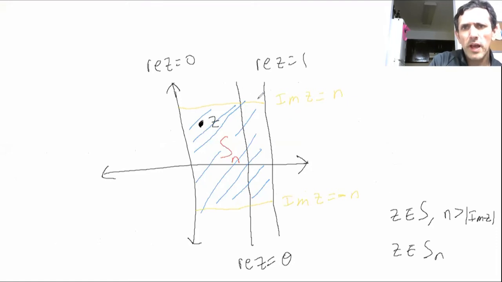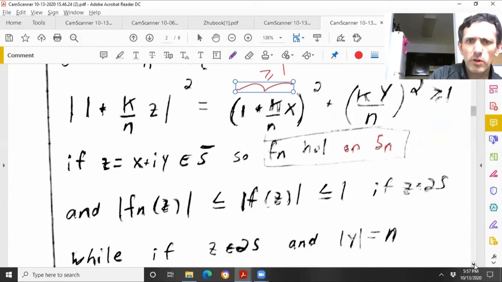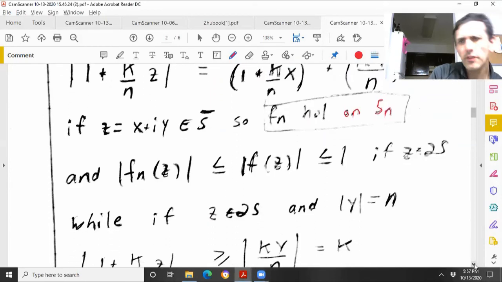But we need to know what f looks like in modulus on these two yellow horizontal lines. So let's do that right now.